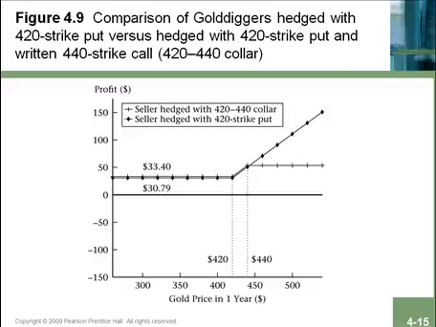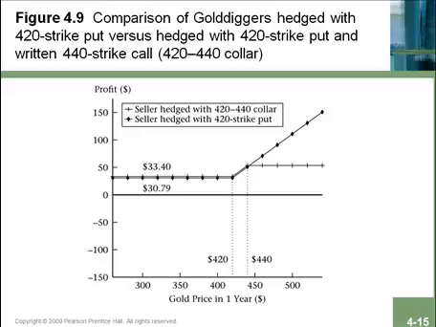As you might expect, each position again has its pros and cons. It's a question of what outcomes are you as a firm willing to accept. If you want to hedge using only the put option, that's great because your potential gain is unlimited if the price of gold increases, just due to the fact that you can forego exercising the put option and just sell your gold product in the marketplace at the market price.